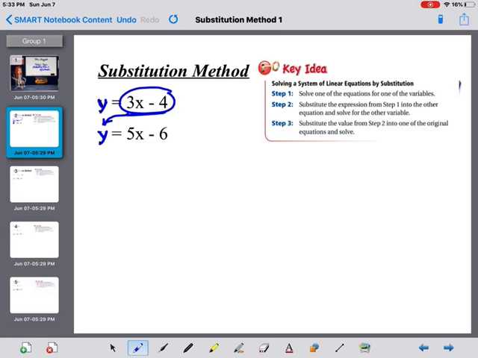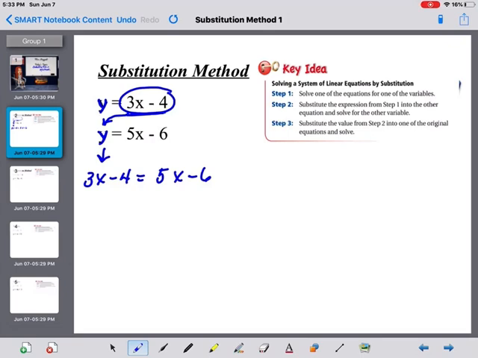So instead of having y equals 5x minus 6, I'm now going to replace this y with 3x minus 4, and I now have a new equation: 3x minus 4 is equal to 5x minus 6. And now that I only have one variable in the whole equation, I can solve for x.